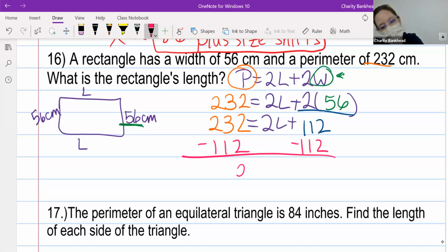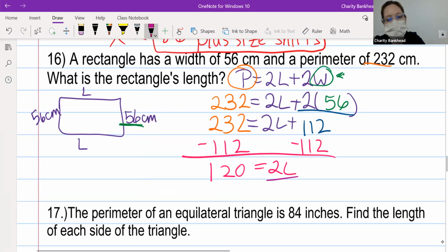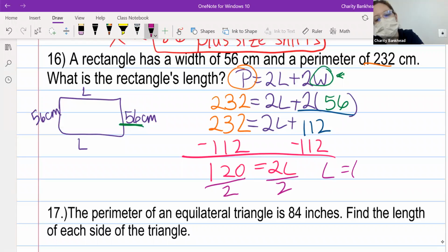So that makes it 120 equals 2L, and then just divide both sides by 2, which gives me L equals 60 centimeters.